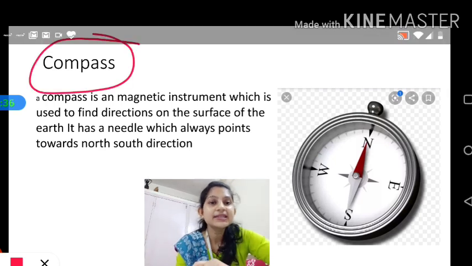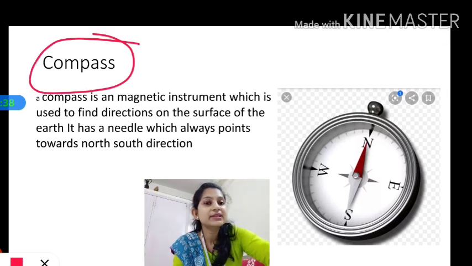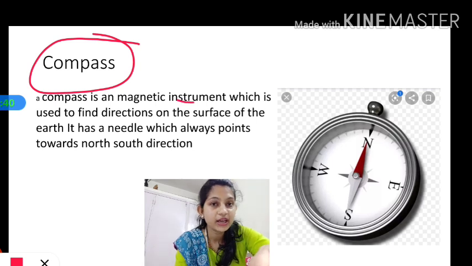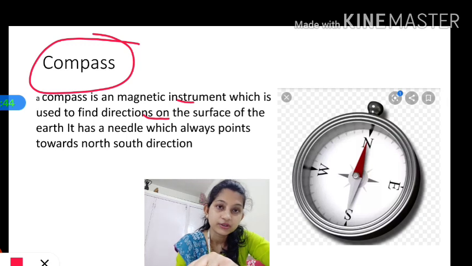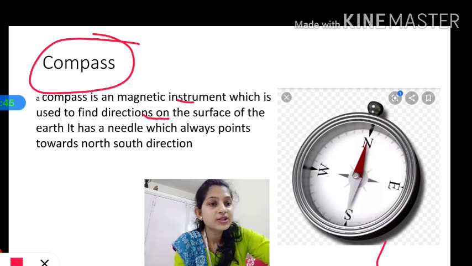Compass. What is this compass? Compass is actually a magnetic instrument which is used to find direction on the surface of earth. See here, this is compass. If you can see here nicely, it has needles, one of the needles, the red one, and another is white.